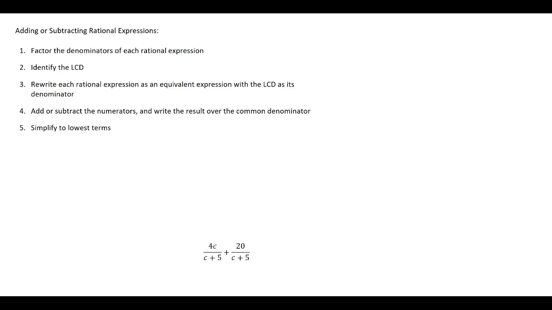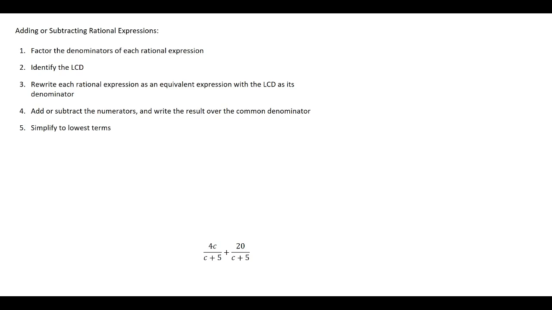rational expressions. So the steps for adding and subtracting rational expressions: first step is factor the denominators of each rational expression. So in other words, factor all the denominators. This way we can identify the LCD, the least common denominator, which is step 2.